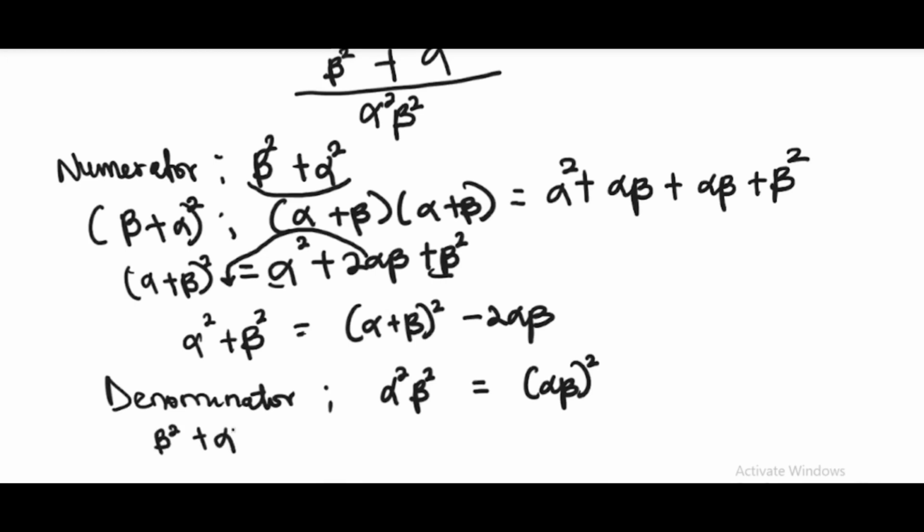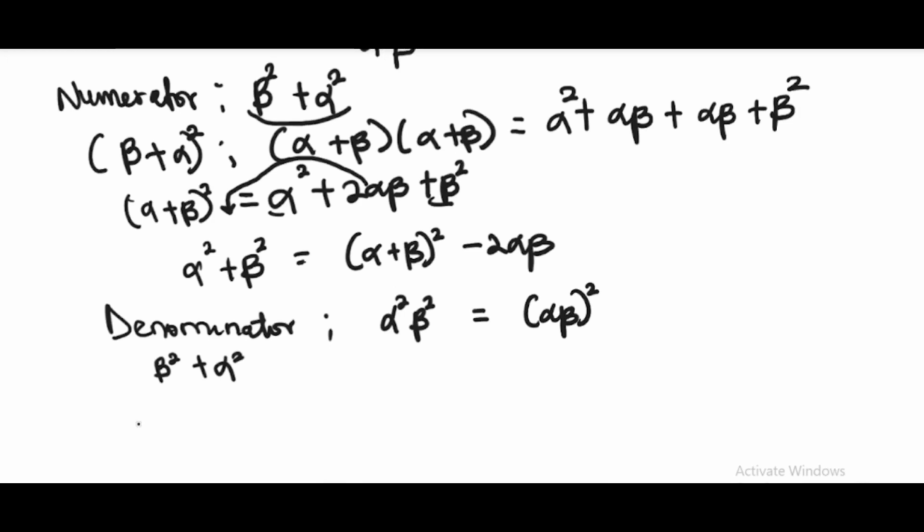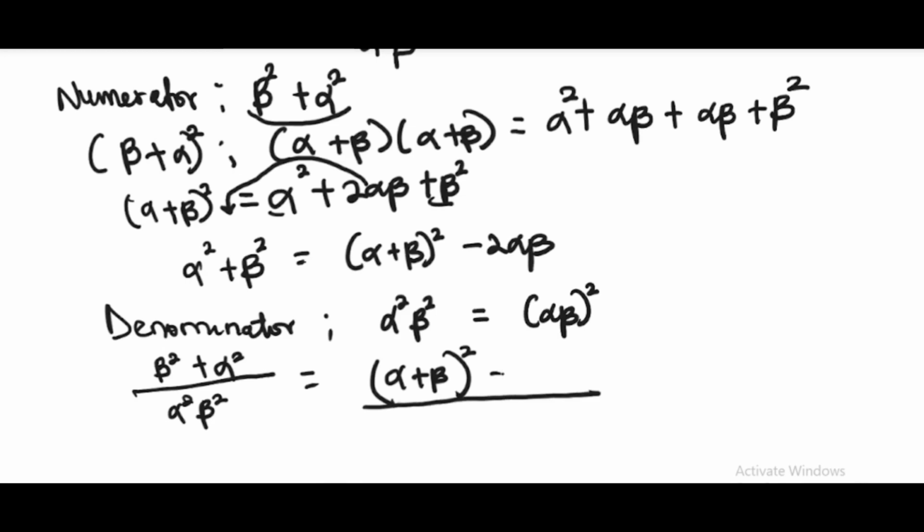plus alpha squared over alpha squared beta squared, which will be equal to alpha plus beta all squared minus 2 alpha beta, all over what?